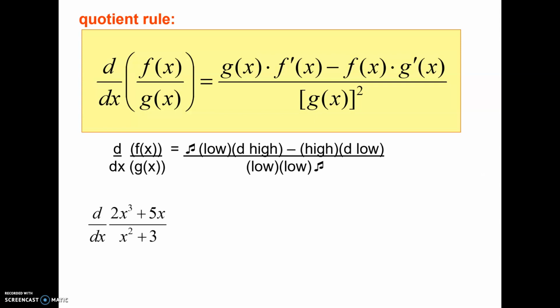So let's look at an example. Again, let's put it into this formula. It would be the denominator, x squared plus 3, times the derivative of the numerator, which would be 6x squared plus 5, minus the numerator, which is 2x to the third plus 5x, times the derivative of the denominator, which would be 2x, all over the denominator, x squared plus 3, quantity squared.